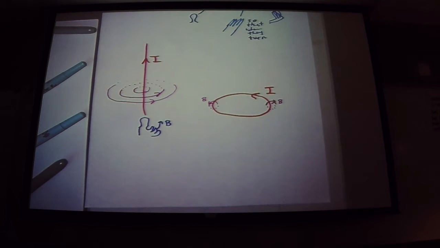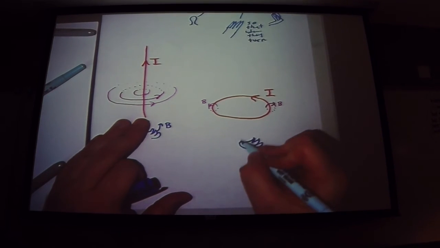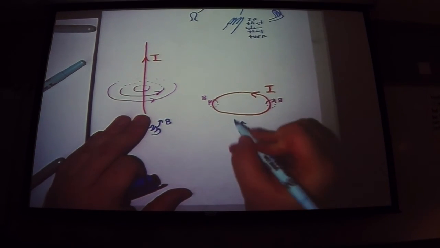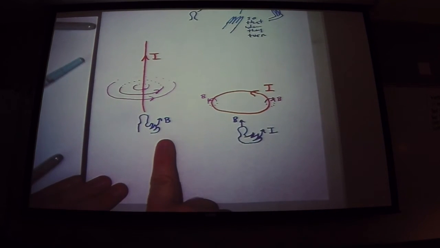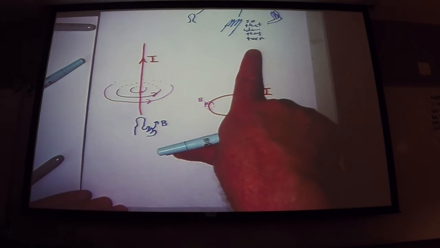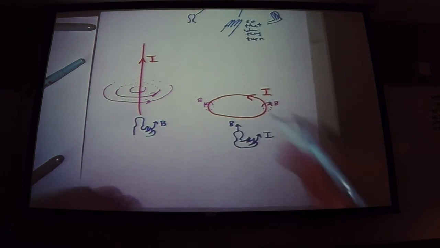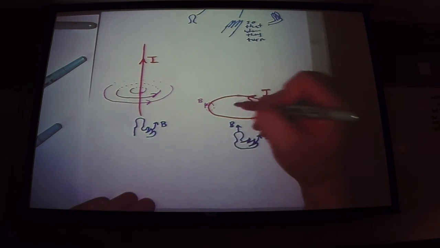So for the inside of the loop, the quick and dirty trick tells you to put your fingers in the direction of the current. Your thumb will point in the direction of the magnetic field inside of the loop. In other words, it's the reverse of this one, the reverse of your long straight wire. But that, of course, only explains inside of the loop. So in other words, inside the loop, the magnetic field goes up like this.